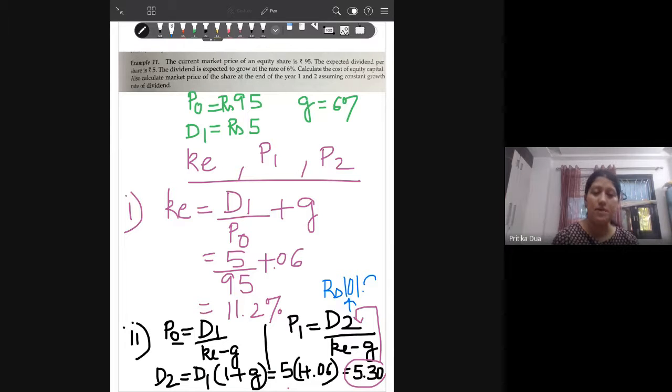Because when preparing the answer solutions also, we take up to 3 decimal places. Okay, 101.9 is then the value expected at the end of year 1, and at the end of year 2, please confirm it is 108.03. Sumit, please recheck your answer.